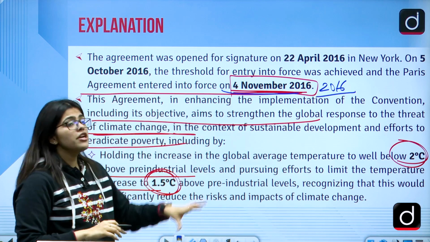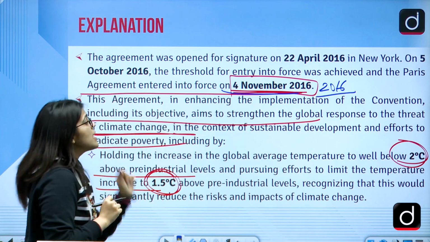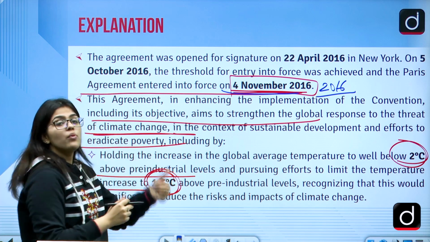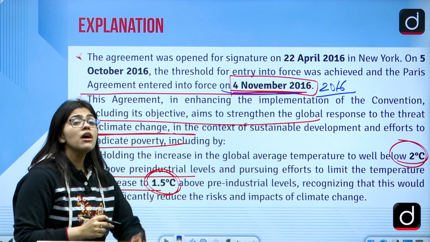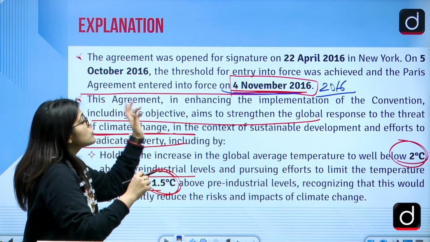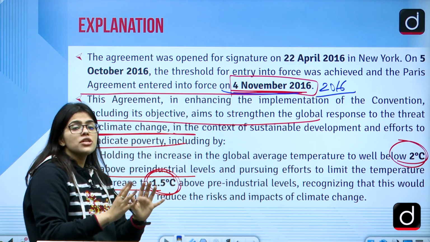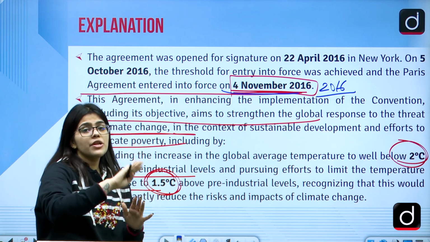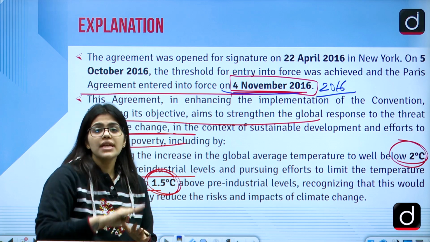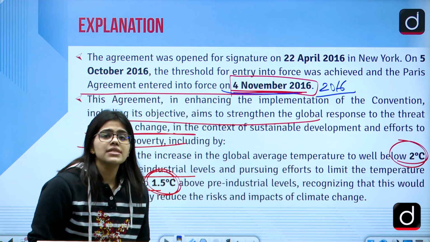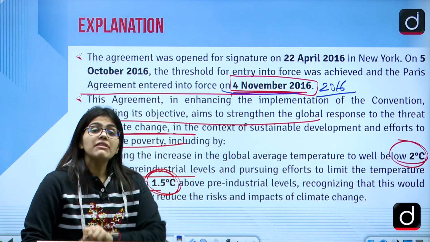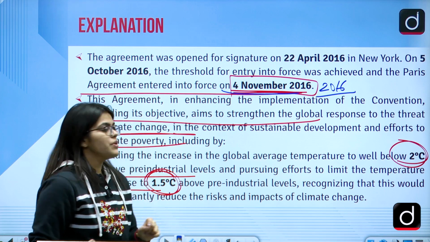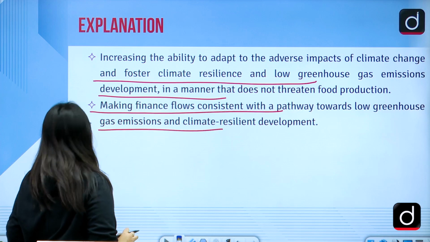And what were the different aims, objectives and strategies? They said that this is a convention that will work so that eradication of poverty is done, food consumption is proper, financing is properly done, so that the climate conditions are maintained. We observed that 3 degrees Celsius was the temperature during that time. That was a very big deal. So they said that we have to reduce it to 2 degrees Celsius, and we'll keep on making efforts so that the temperature is 1.5 degrees Celsius.